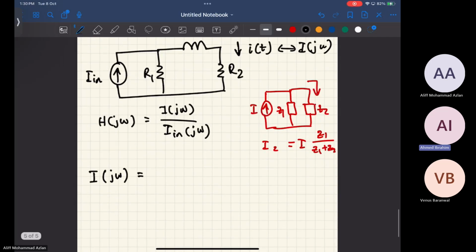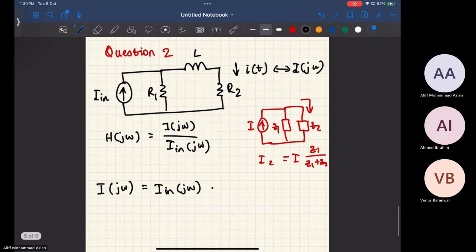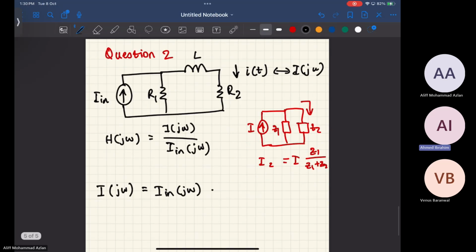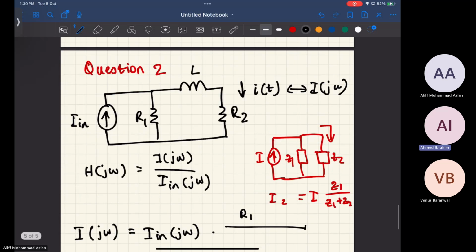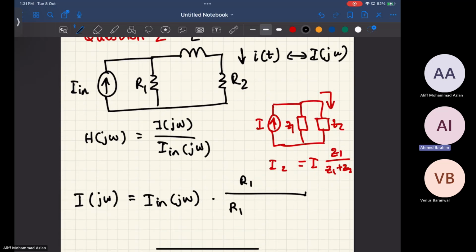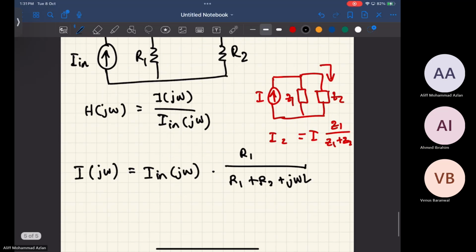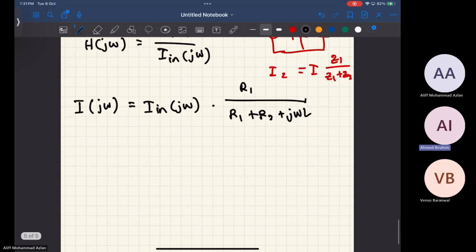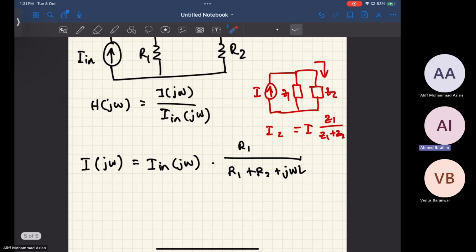So yeah, applying the current division gives us this times the impedance we're not interested in, which is R1, divided by R1 plus R2 plus j omega L. And that is our transfer function. So when we divide by I in, that's going to give us H(j omega). So this would be our transfer function.